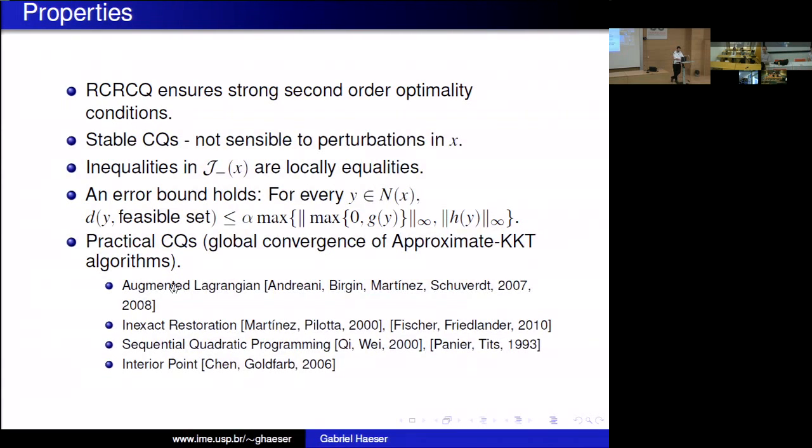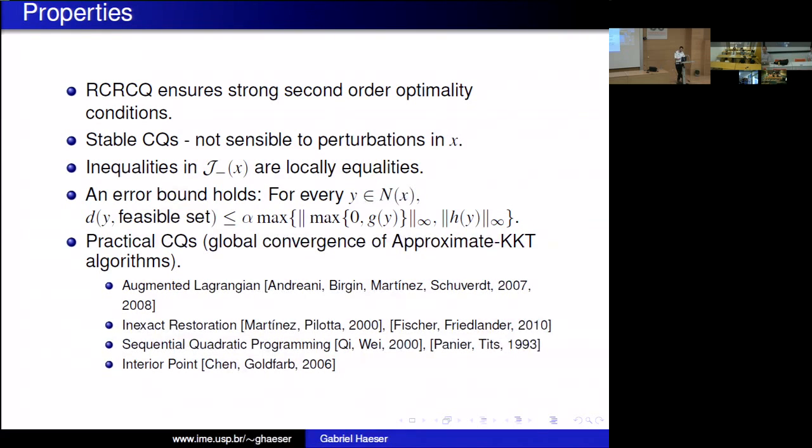Okay, so this was done in this SIAM paper. We did this for all these four algorithms: Augmented Lagrangian, Inexact Restoration, these two methods I will comment on tomorrow, and SQP and interior point methods. So under these very weak conditions, we were able to prove convergence to a KKT point.